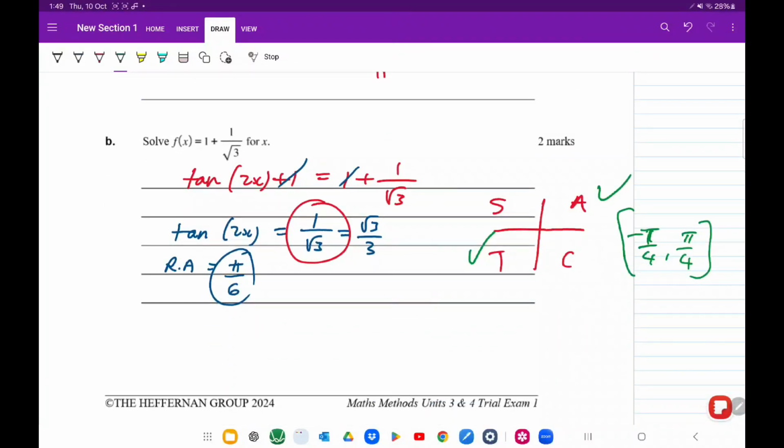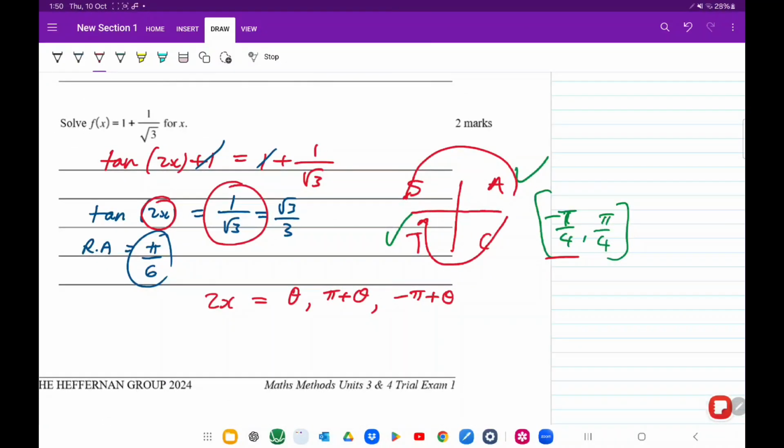Now that we're going to try and solve this, we're going to incorporate the equation. So we get 2x is equal to, the first one is going to be theta, the next one is going to be pi plus theta. And if we go in reverse, because I see a negative domain here, we're going to have a final equation of negative pi plus theta.